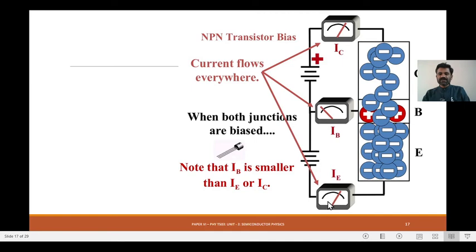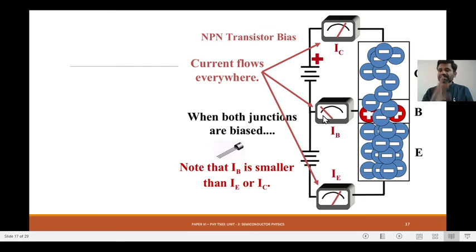You can see the beauty of this connection. What is that beauty? This region will lead to a large current flow, hence the meter will read a larger value here. One significance is that the collector current reads a maximum current, the emitter current reads a maximum current, and the base current reads a very low current.